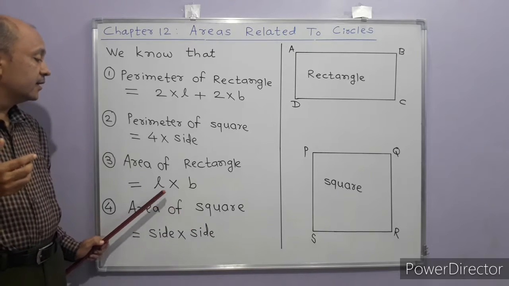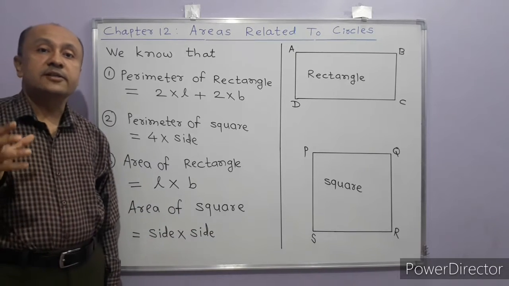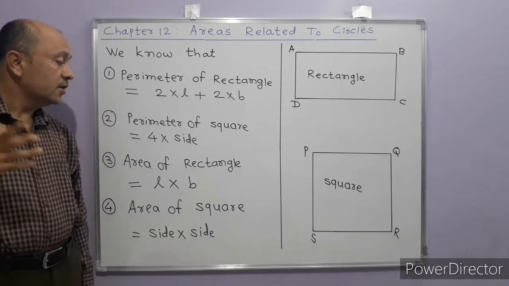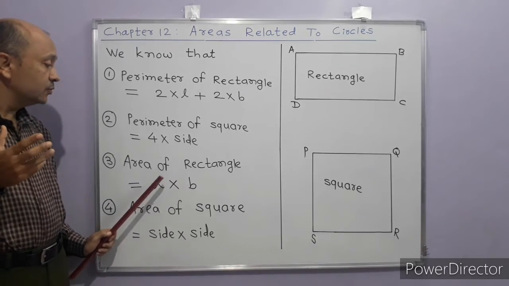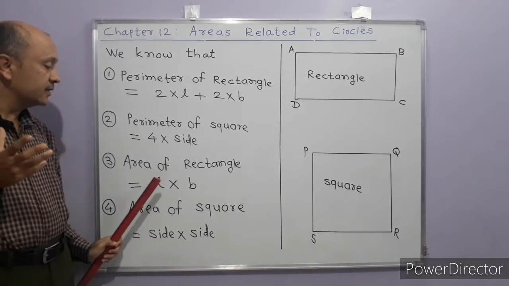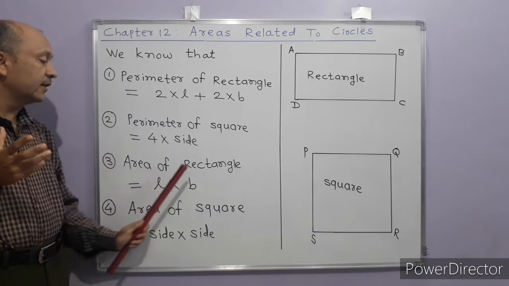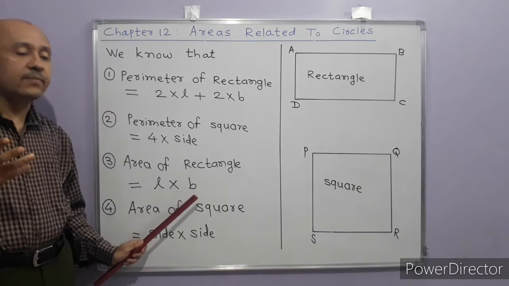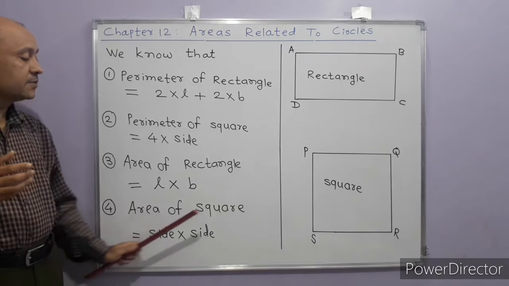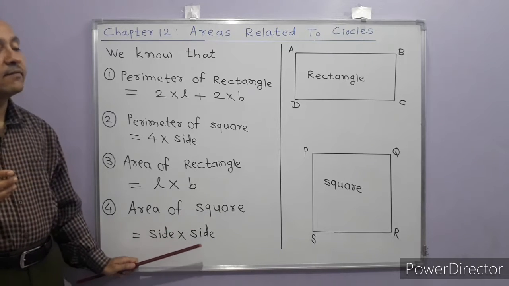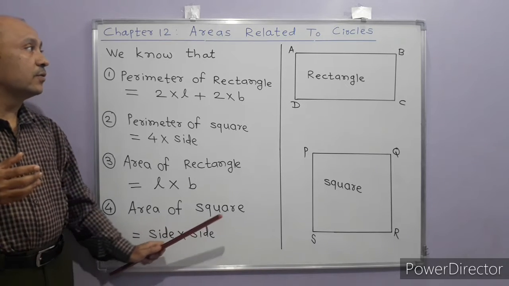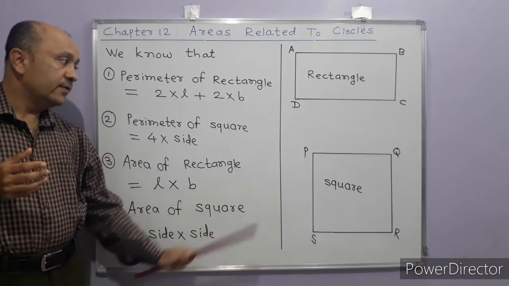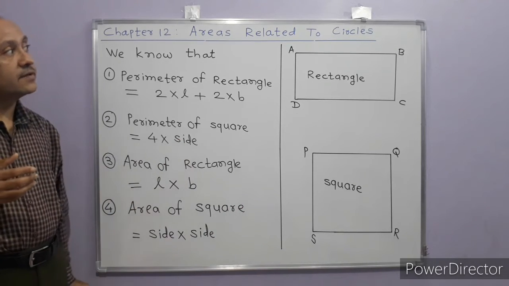If you multiply it, we get the number of students standing on that particular ground. So this is a practical use of mathematics in day-to-day life. Area of rectangle is length multiplied by breadth. Similarly, area of square is equal to side multiplied by side. We know this formula already. It's just revision for you.